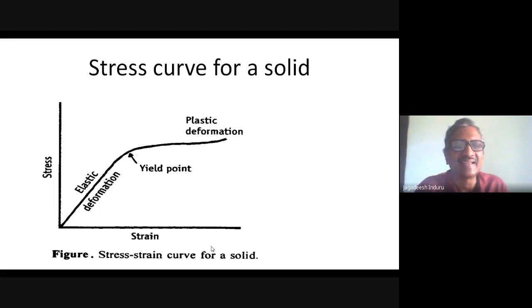This results in a stress-strain curve for a solid, and the curve has two regions: one is the elastic deformation region, the other is the plastic deformation region. In between there is one yield point, and this yield point is very critical to us.